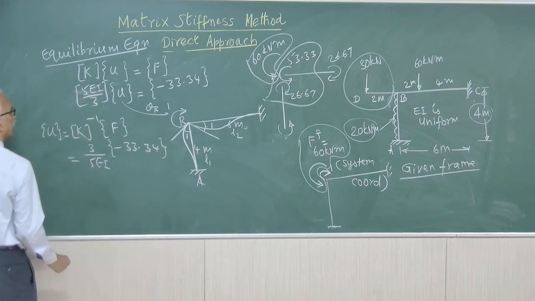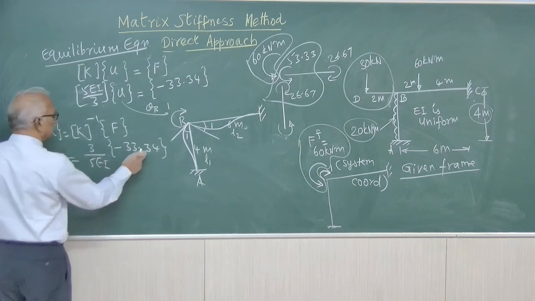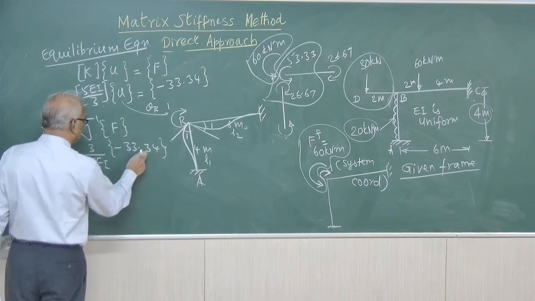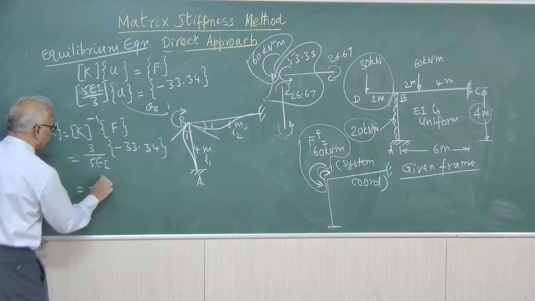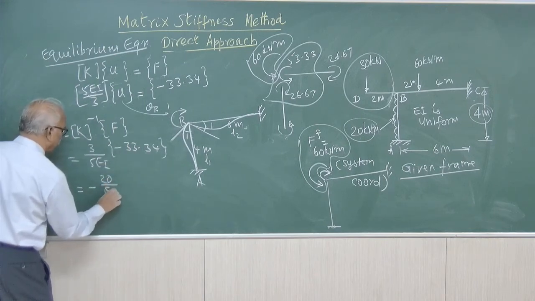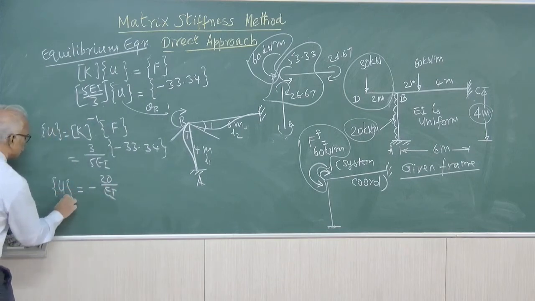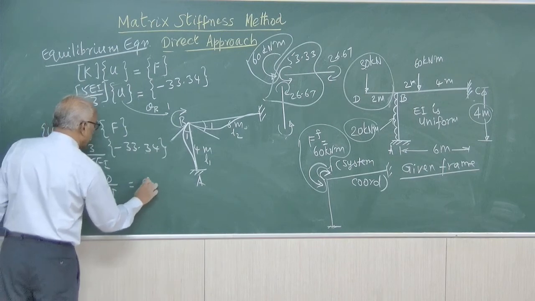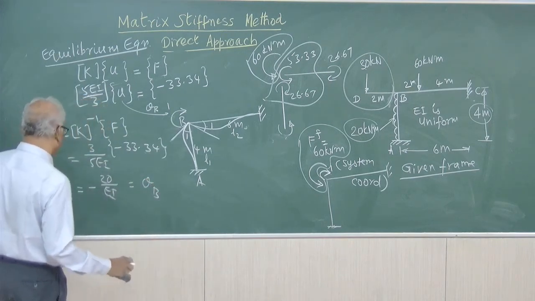So 3 into 33.34 is 100, divided by 5 equals 20. Of course, it is minus 20 by EI equal to U. This unknown is theta B.